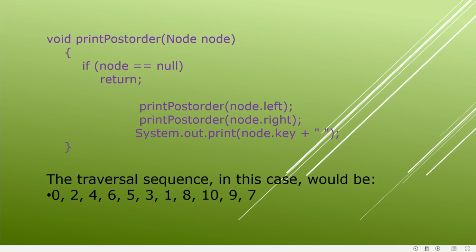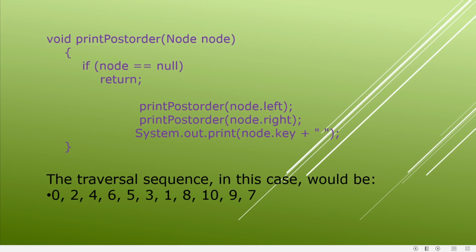Then the next element after 0 will be 2. Similarly 4, 6. Now 4 and 6 are the left and right children of 5. 2 and 5 are the left and right children of 3. 0 and 3 are the left and right children of 1. Okay, 0, 2, 4, 6, 5, 3, 1.